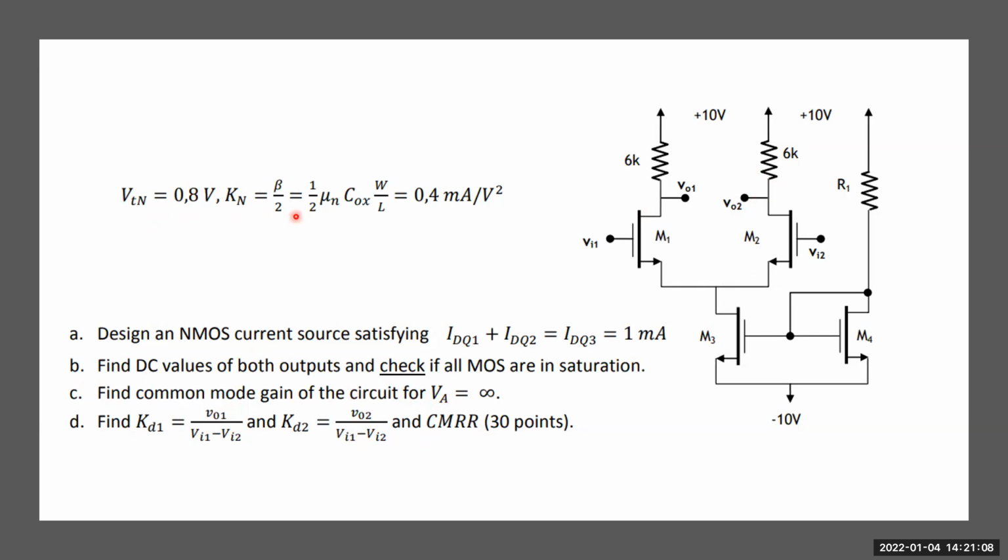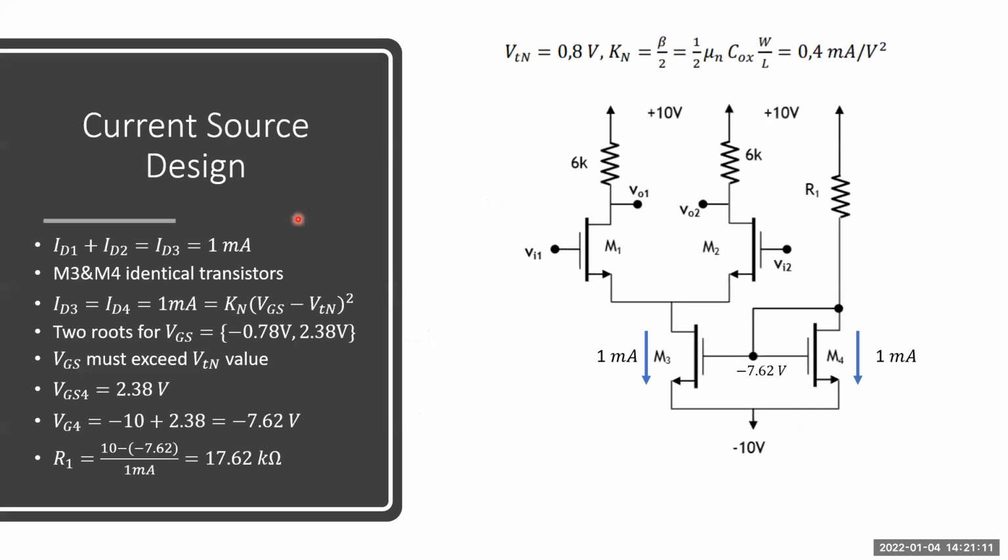Let's start with part A. We are going to design a current source generating 1 milliamp. Assume that M3 and M4 are identical transistors. Kn and VTH are given in the question.